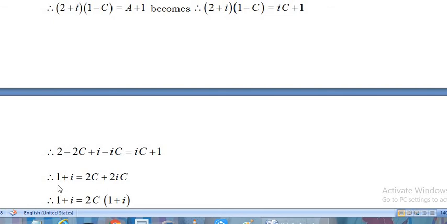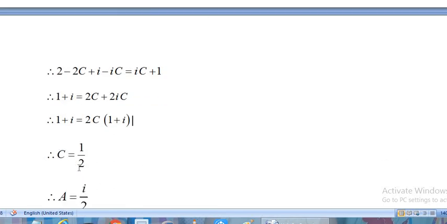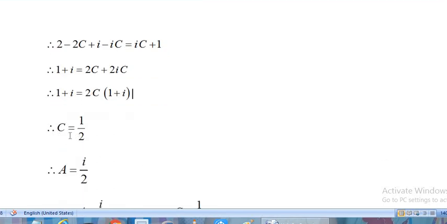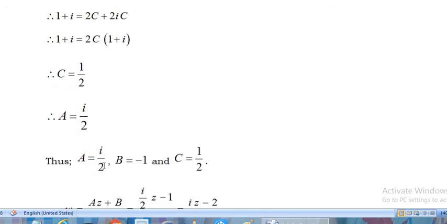After simplification, this is 1 + I = 2C + 2IC. Therefore, 1 + I = 2C(1 + I), and therefore C is equal to half and A is equal to I times half.